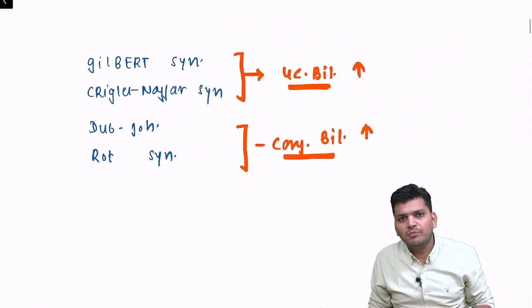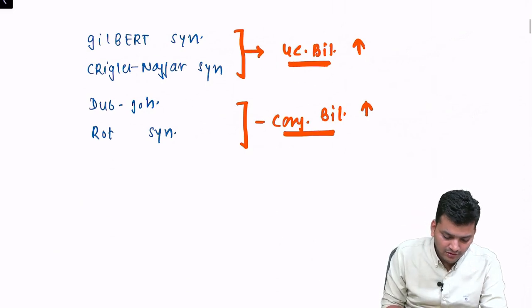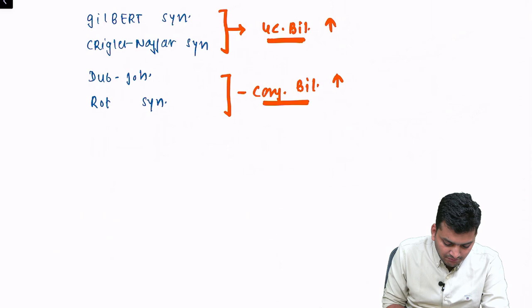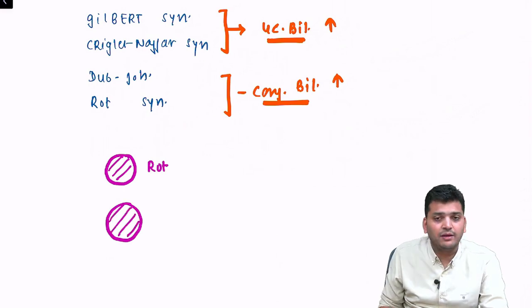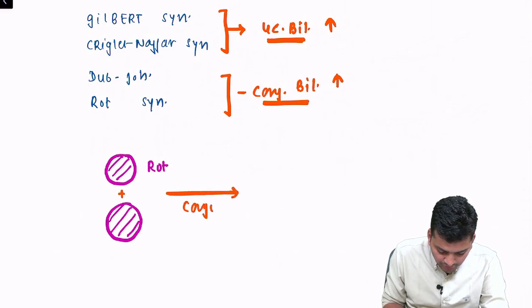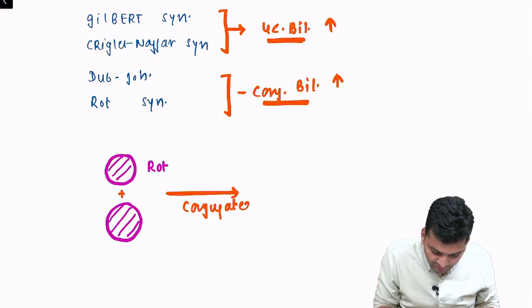How are we going to remember that in the exam? See, you can use one simple mnemonic that we have discussed even in biochemistry, if you remember. For example, if you take a roti, and if you take one more roti and you join them, means you are going to conjugate them. If you conjugate the roti plus one more roti, this will be referred to as what?